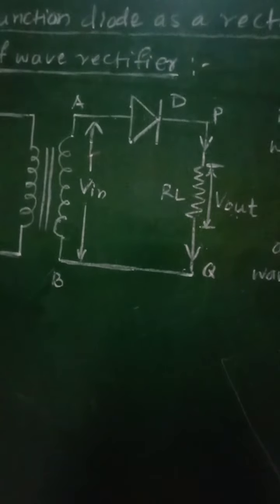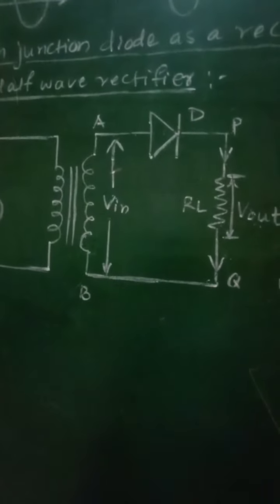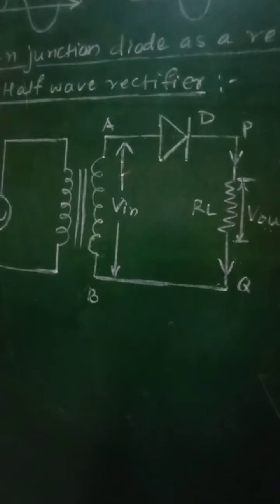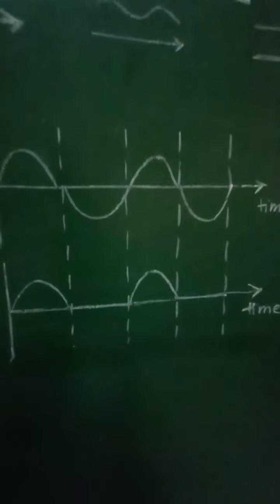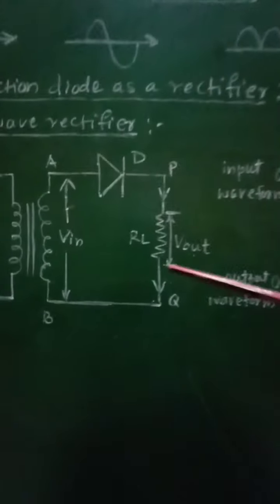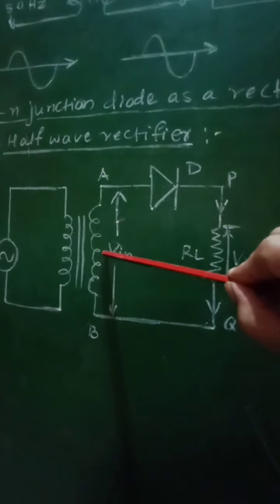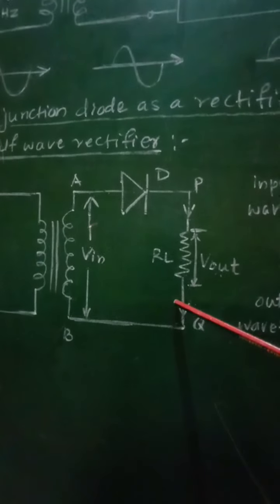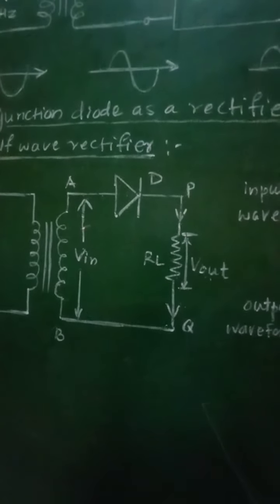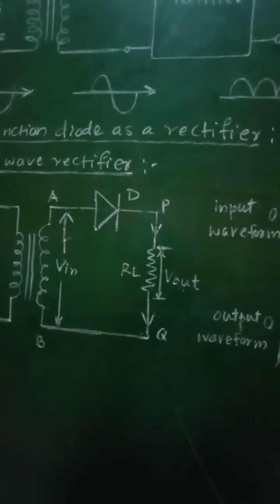And therefore, the waveforms which are obtained during the positive and negative half cycles for this half wave rectifier are as shown here. We can say that during only the positive half cycle of the input signal we will get output across this load resistance RL, and therefore it is a unidirectional voltage.